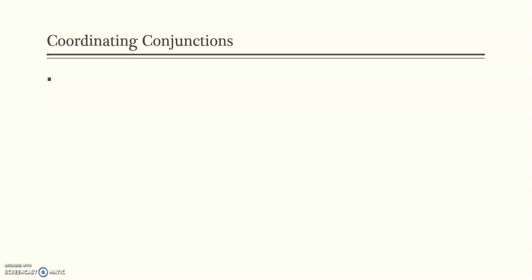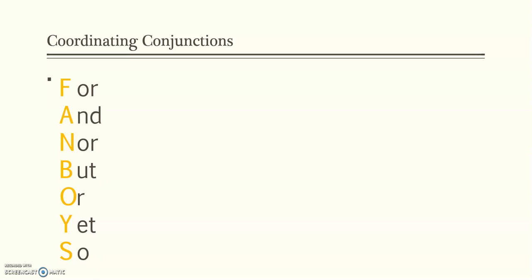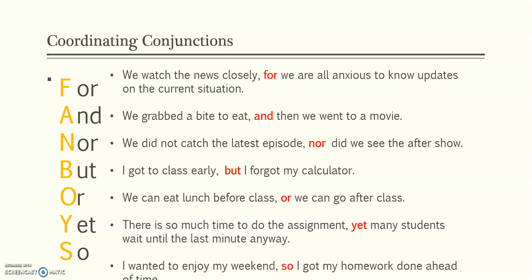The last way to combine two sentences is by using a comma and coordinating conjunctions. One way to remember these coordinating conjunctions is to remember the acronym FANBOYS. FANBOYS stands for for, and, nor, but, or, yet, and so. Right here, we have some example sentences using each of these conjunctions.